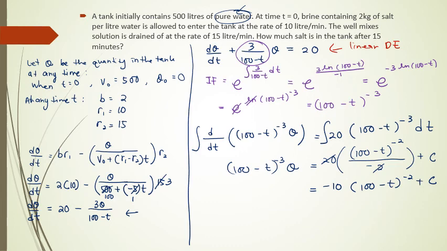So our Q is equal to negative 10 times 100 minus T to the power of negative 2 plus C, over 100 minus T to the power of negative 3.